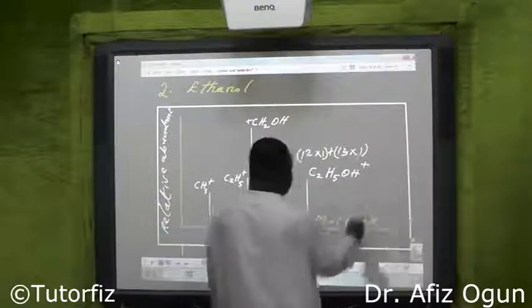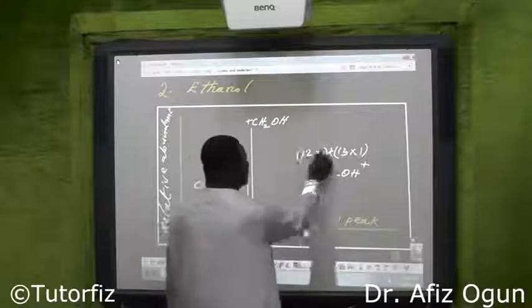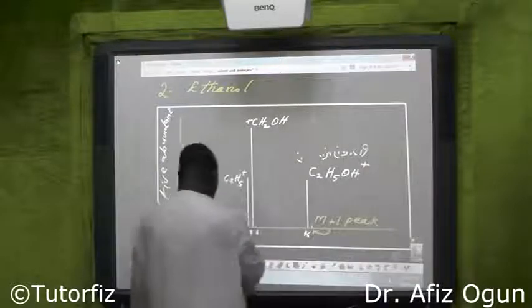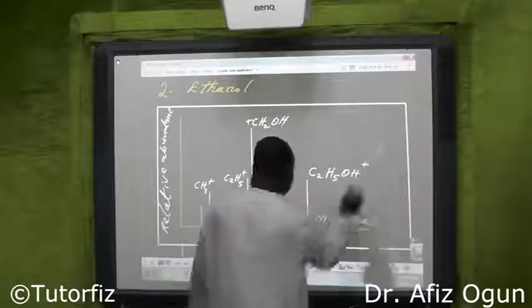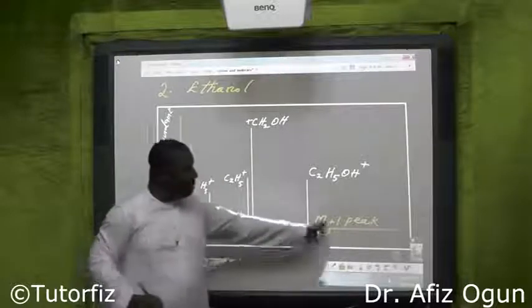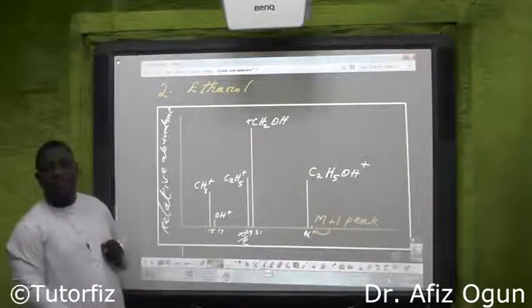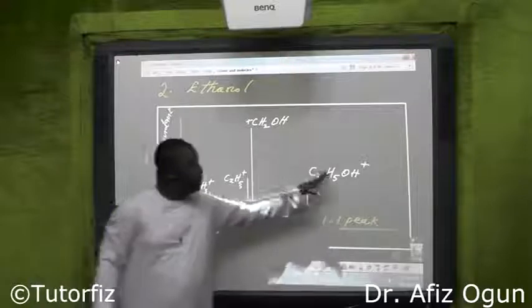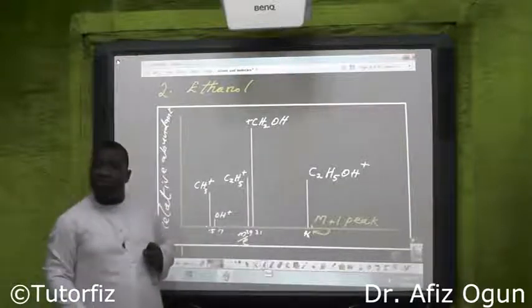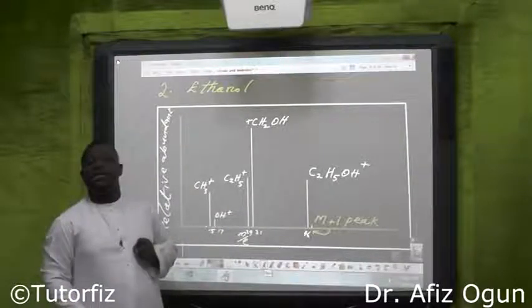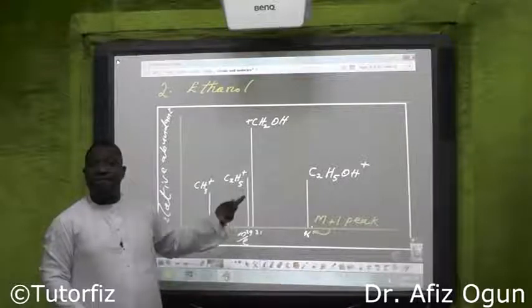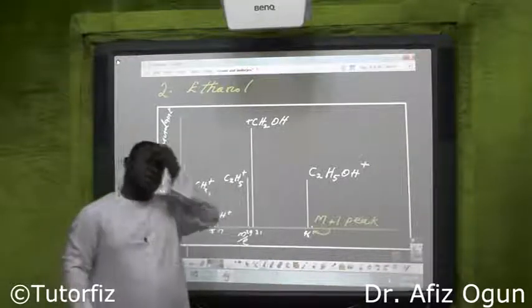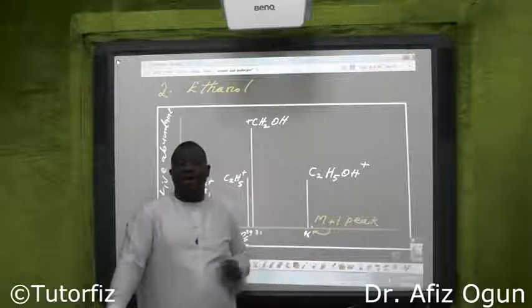Then you add the rest. So 1 has been added to 46 in that case. So what do we have? We now have 47. That is the M+1 peak. If one of the carbons in this molecule is isotope 13, we have M+1. This is very common with organic compounds.